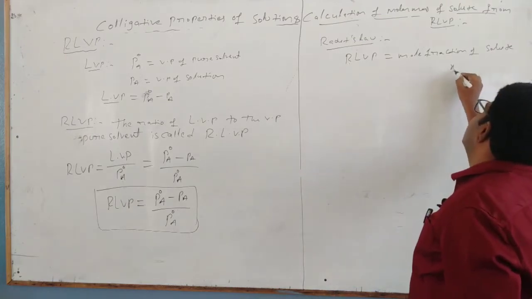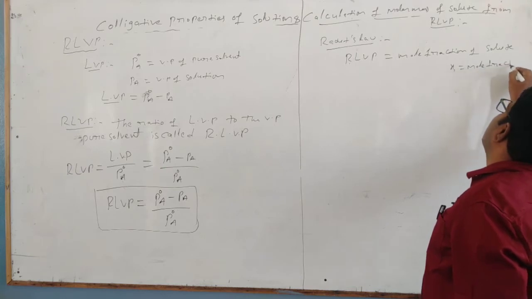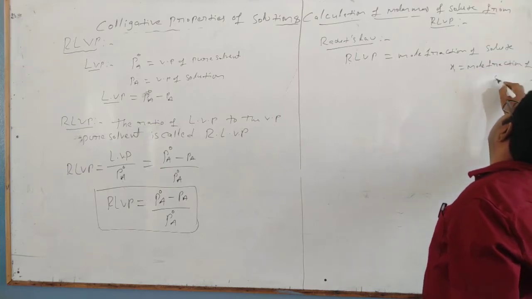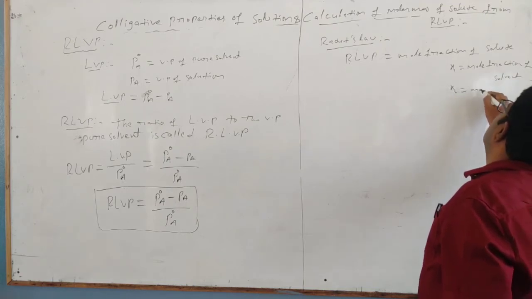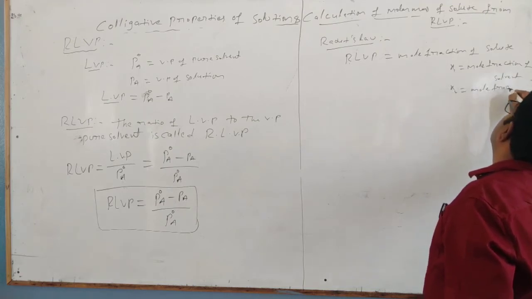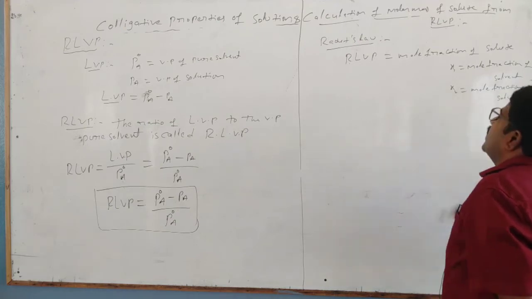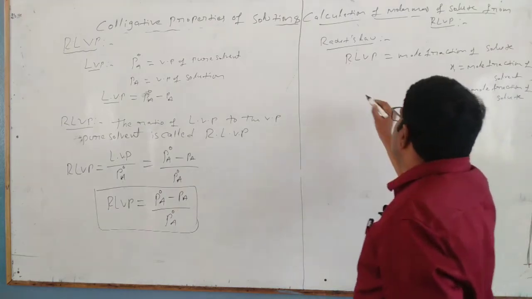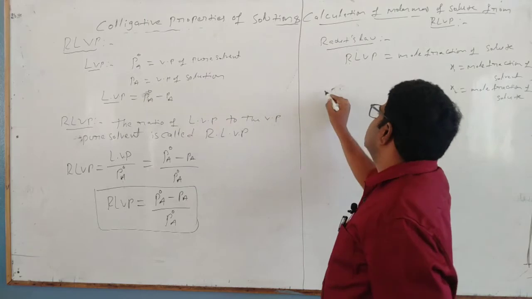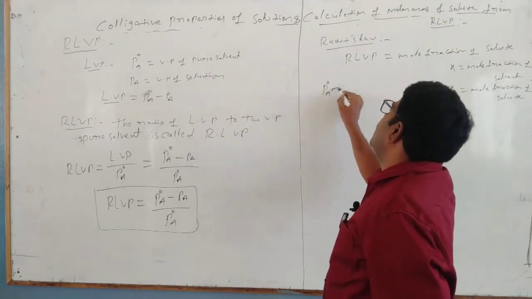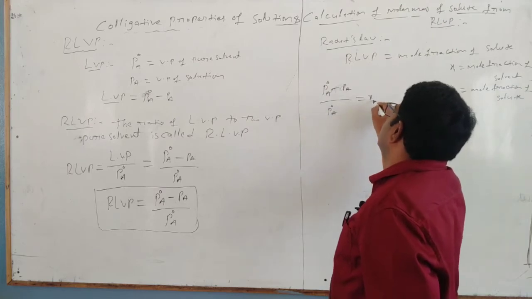Now we consider x1 as the mole fraction of solvent. Here x2 is considered the mole fraction of solute. So RLVP we can write as P naught A minus PA by P naught A is equal to x2.